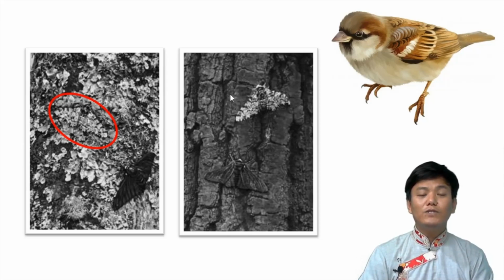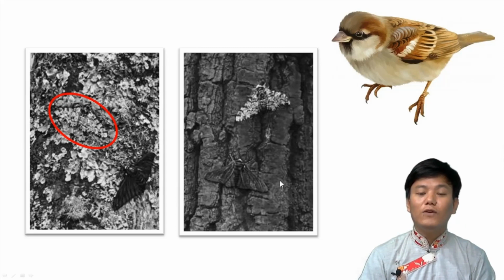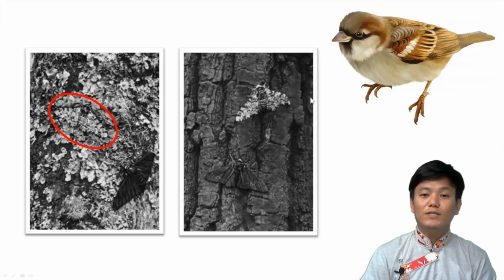But after the Industrial Revolution, due to air pollution, since lichens are very sensitive to air pollution, all the lichens that were growing on the tree trunks died. When the lichens died, the tree trunks were left bare, and due to the nearby smoke and soot of the industries, the bark of the trees became dark in color. Right, the soot settled down on the tree trunks and they became dark.